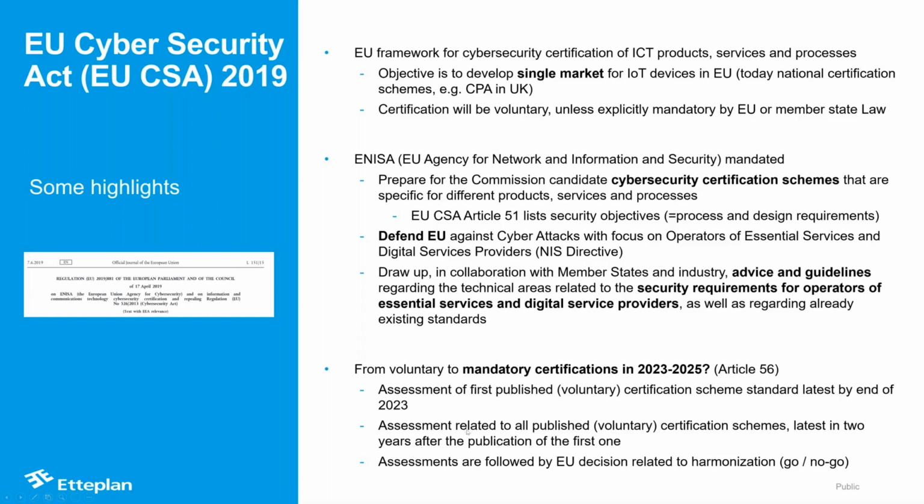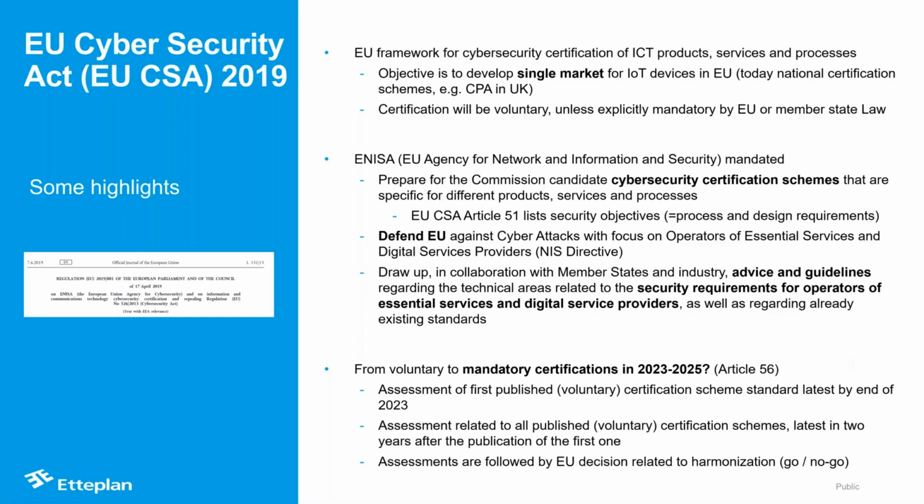And then after the assessment of these certification schemes, the EU will decide whether this shall be harmonized as standards that should be used either on EU level or not. So basically the first one could be expected in 2023 and at the latest in 2025. And these are important years to understand when you're planning the roadmaps for developing your product portfolios and their security capabilities.